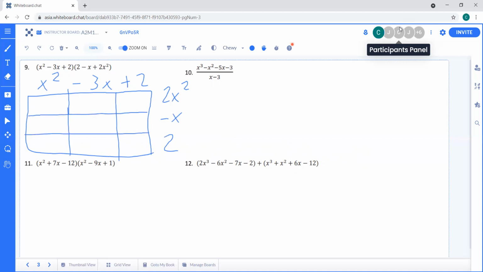Okay. So 2x squared times x squared is 2x to the 4th. Negative x times x squared is a negative x cubed. And this is 2x squared. Negative 3 times 2x squared is negative 6x cubed. This would be a positive 3x squared with negative 6x.